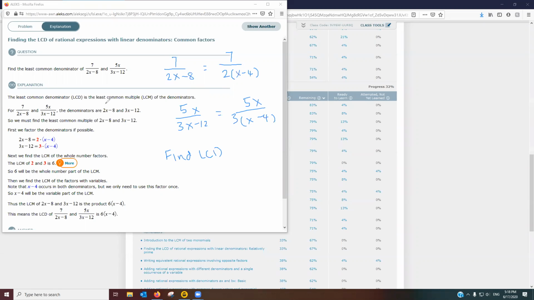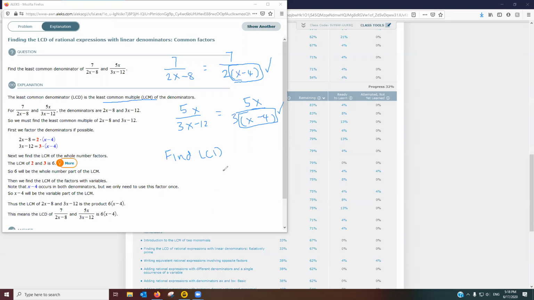You can also think of it as the least common multiple of the denominators. Well, what it's going to turn out is I'm going to need to include any unique factors like x minus 4. Now, because x minus 4 shows up twice, once in this fraction and once in this fraction, I'm only going to use it once.